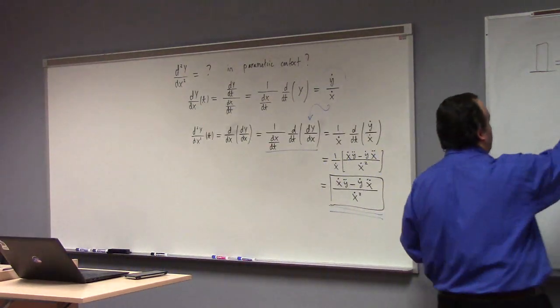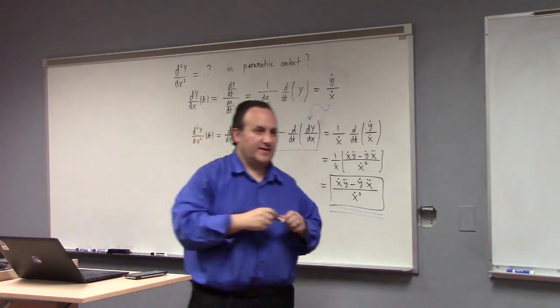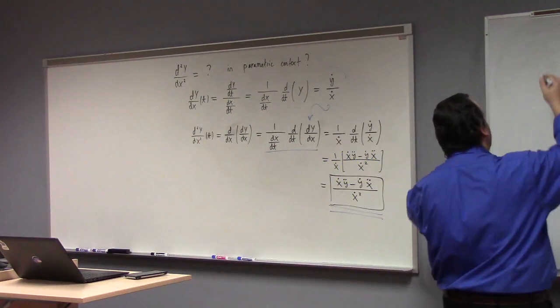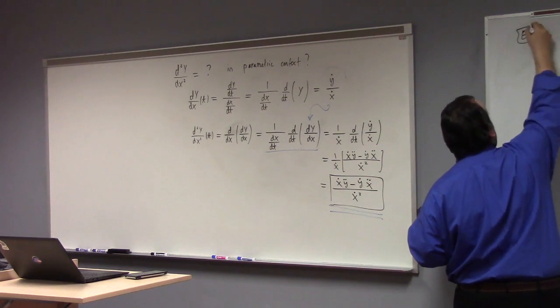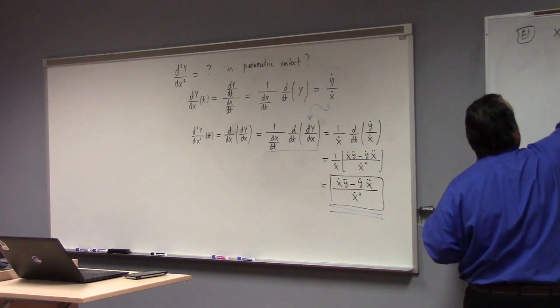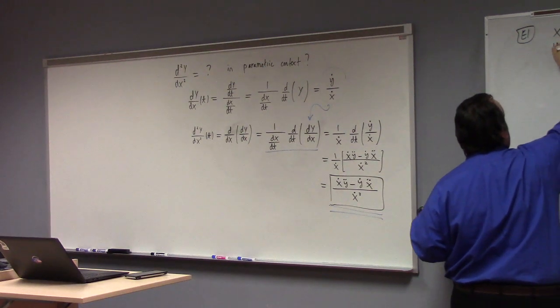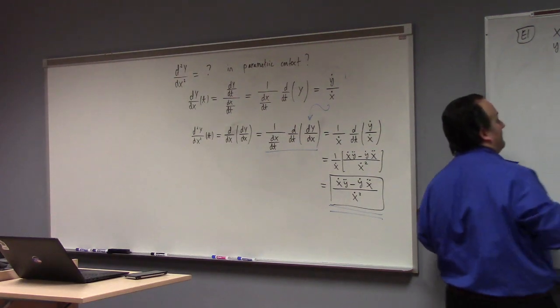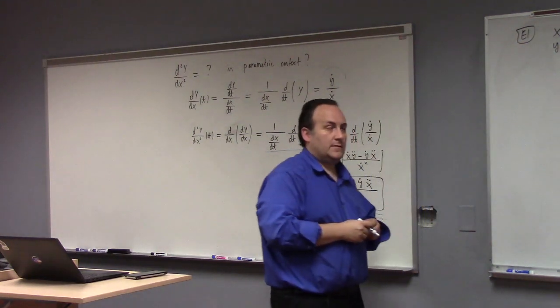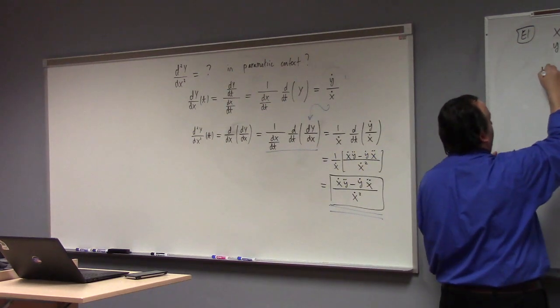What's our interest in the second derivative anyway? Why do we care? Yeah, concavity, right? So let's see here. Example: if I have x equals hyperbolic cosine of t, and y equals hyperbolic sine of t, then I can calculate dy dx.